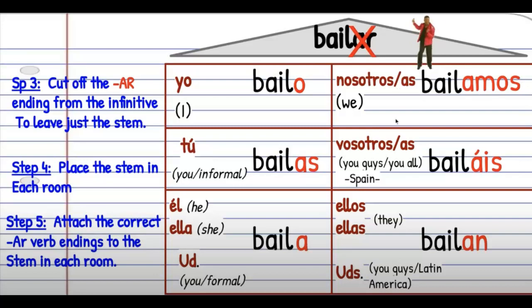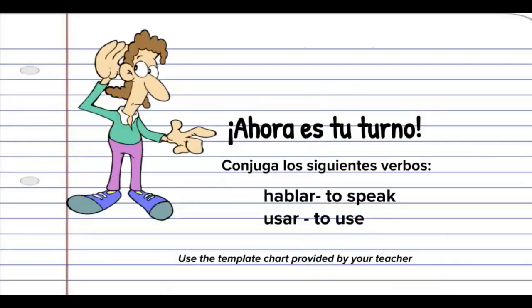Nosotros bailamos, we dance. You all or you guys dance. That's from people from Spain. And then ellos bailan, they dance, which is the one used in Latin America. Okay, and those are all the steps that you need for conjugating.